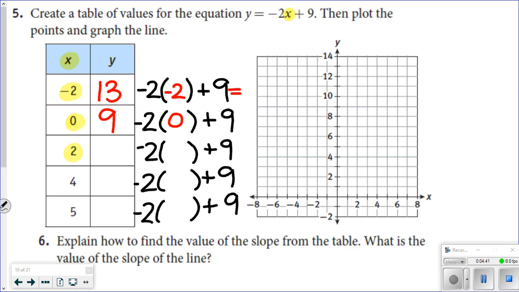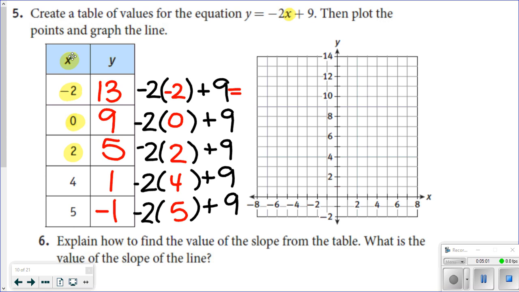Plug them in, substitute them in. You can do it. Use your calculator. Got 5. Then I got 1 and negative 1.